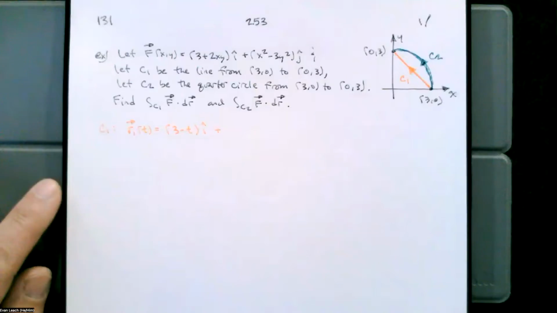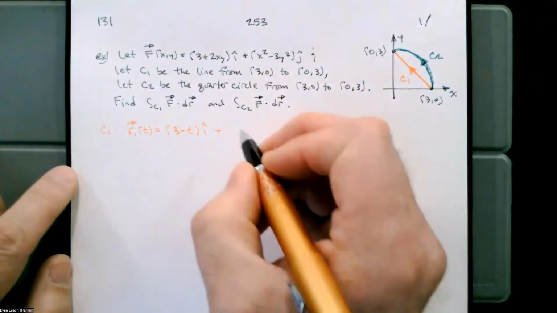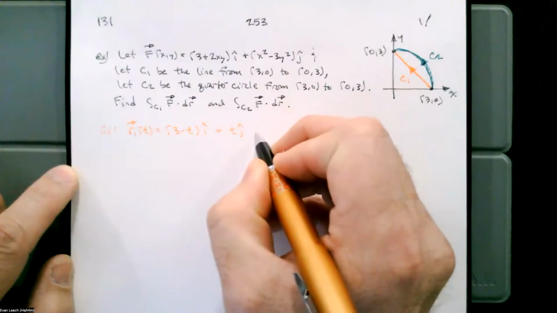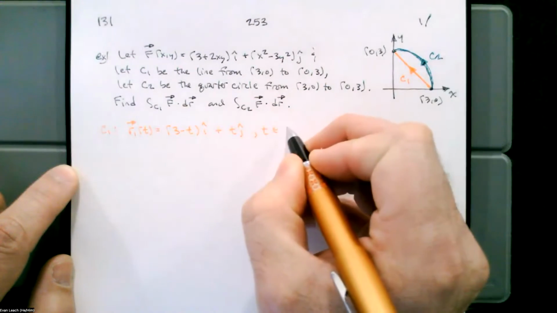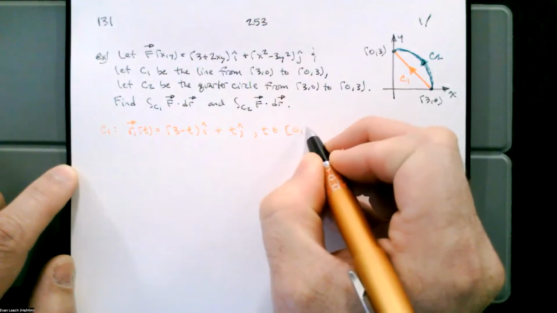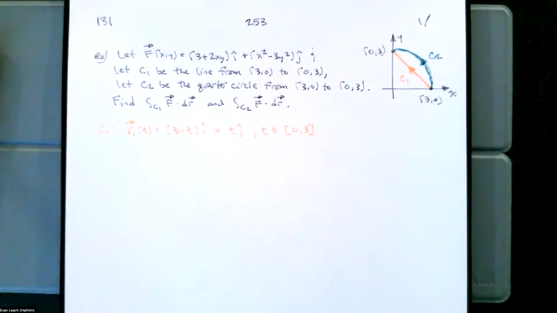The y starts off at 0 and increases to 3. So I'm going to use the power of parameterization and say I'm just going to let t go from 0 to 3. See if we get the right endpoints at least.